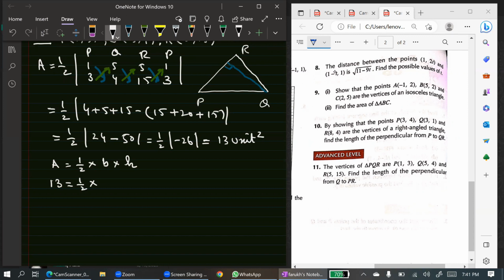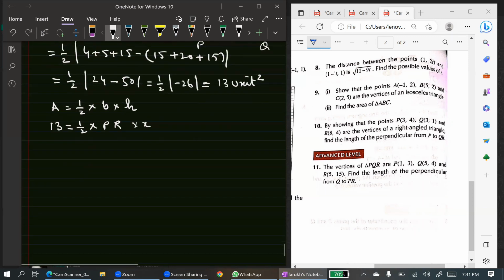Now height is this blue length, x. If the height is x, then what is the base? The base will be PR. Yes, PR is the base. Very good. Into height x.